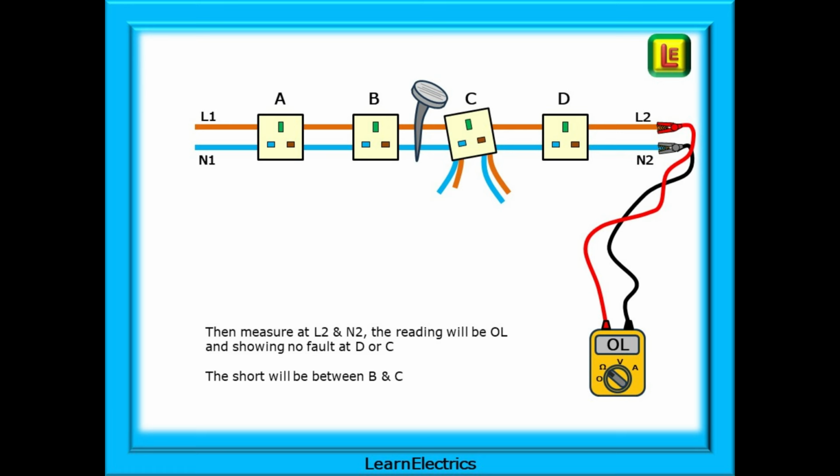Because we've broken the circuit at socket C, there is no continuity from L2 and N2. It is open circuit and the meter will return OL. So, from L1 N1 to socket B is OK, and from L2 N2 to socket C is OK. The short must be between sockets B and C, and that should reduce your search time quite substantially.